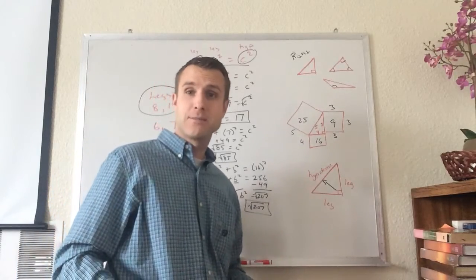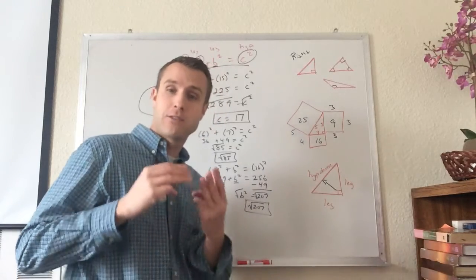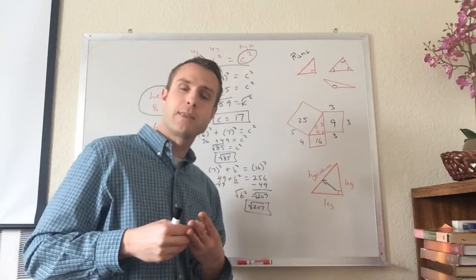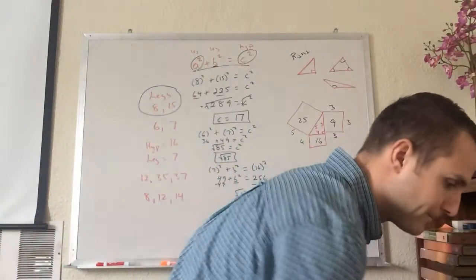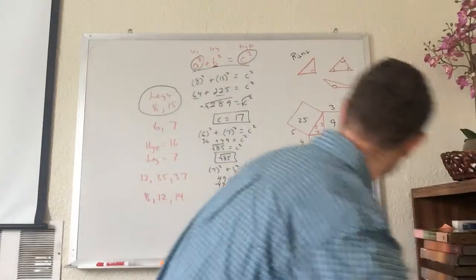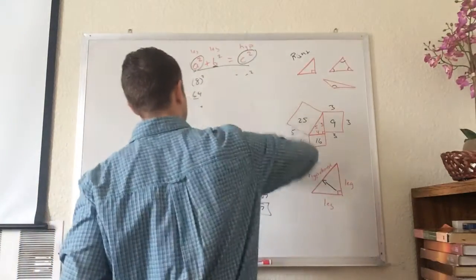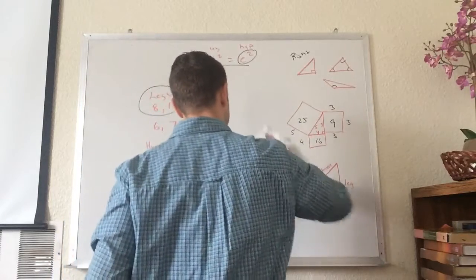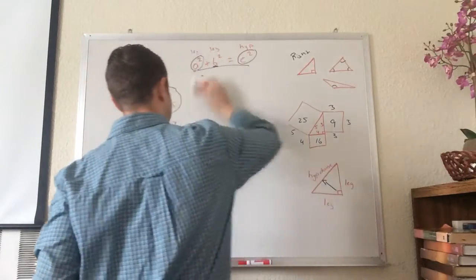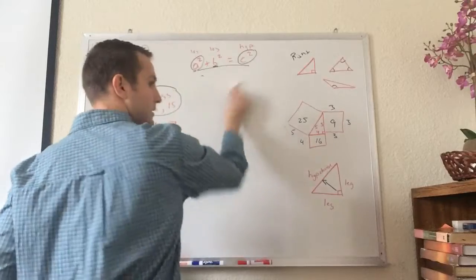So I can figure out if something is a right triangle if I have three sides by plugging those into the Pythagorean theorem and checking. So I'm going to do that with two examples. Now, let me just erase my screen here. Alright, so I have a couple sets of numbers here.